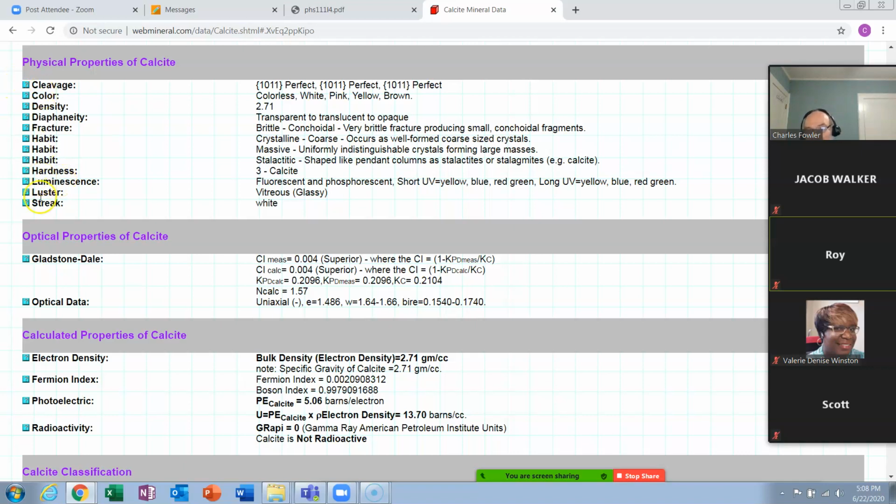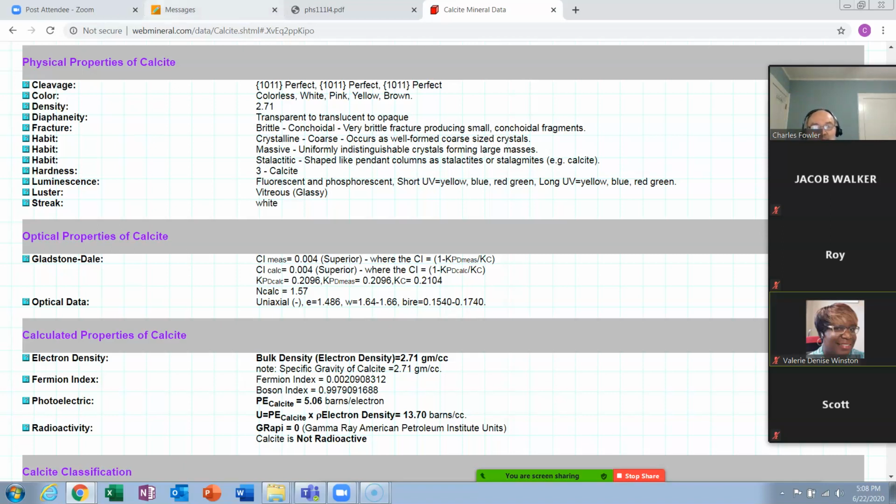Color, luster, streak, hardness, cleavage slash fracture, it's actually 2 of those, and then density. Now, all the minerals won't be listed in the same order, so you have to sort out the order, and occasionally you might find one that doesn't have anything listed, so that's okay to do too.